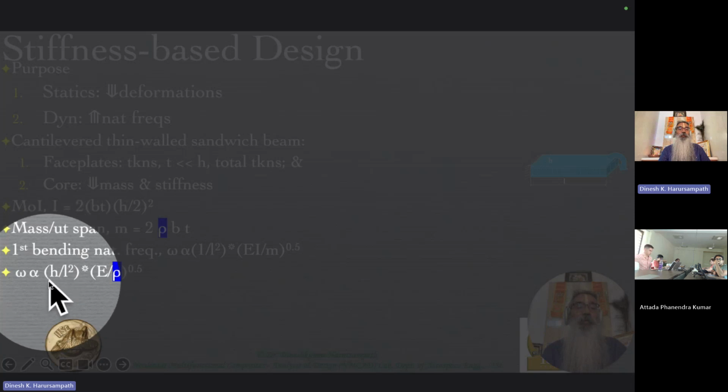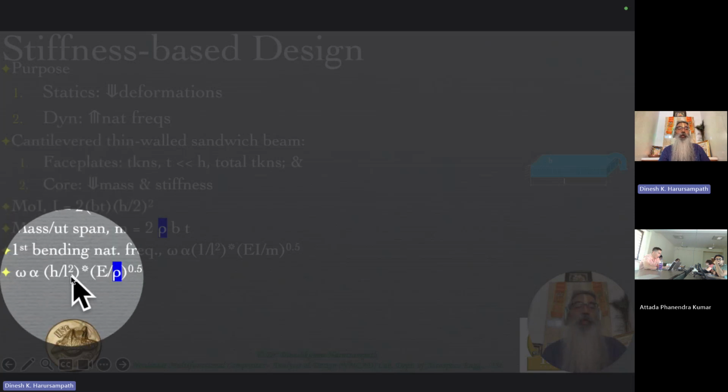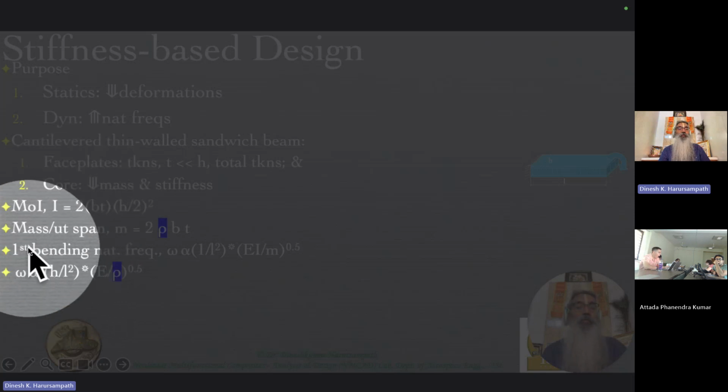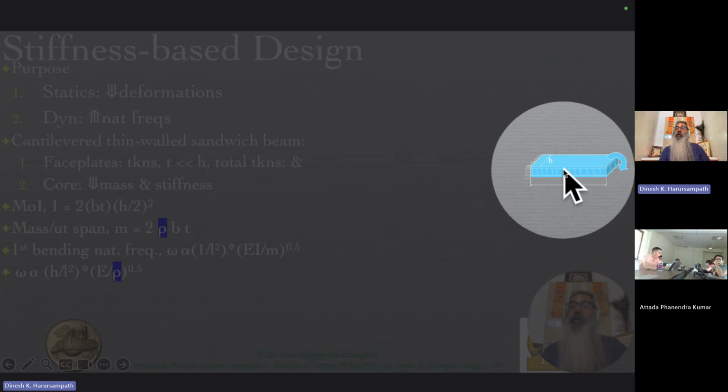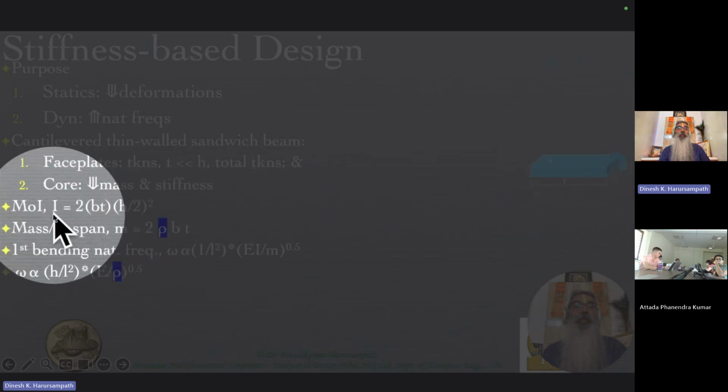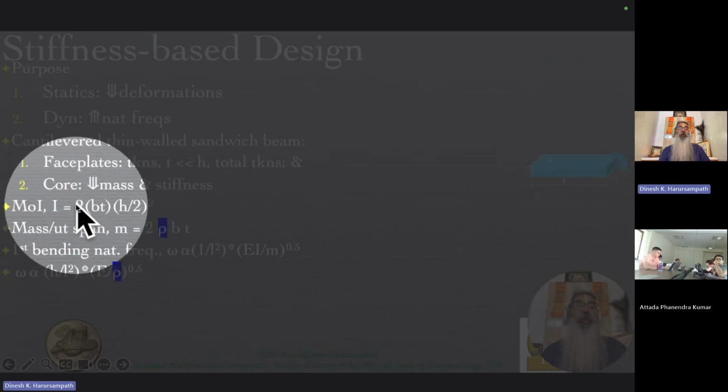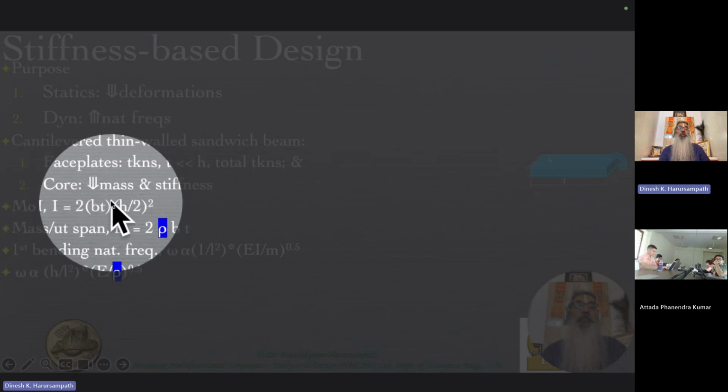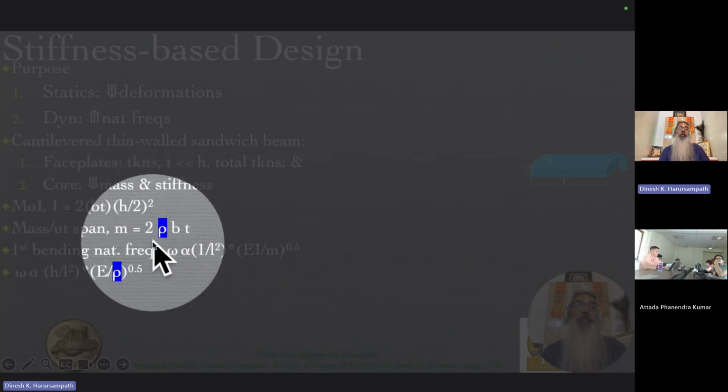But we do have a way to play around with H. I can increase my H, but obviously when I increase my H, you know that the overall mass will increase. But since the core is having very low density, it may not be that much of a weight penalty because the more of the weight, as you see, is coming from the face sheet, which has a much larger density.